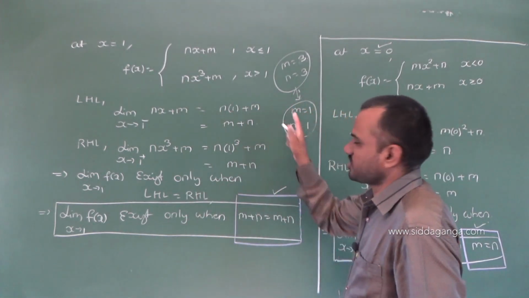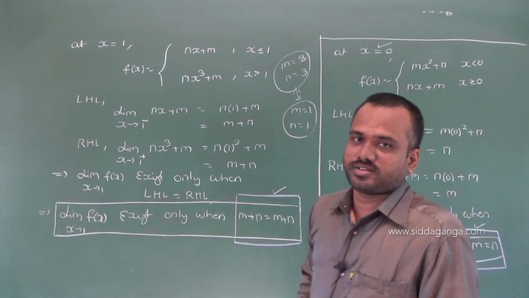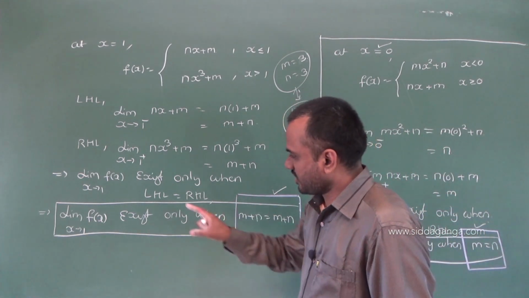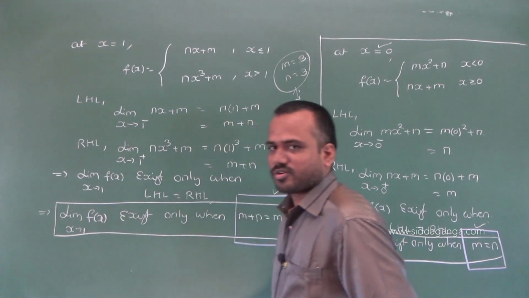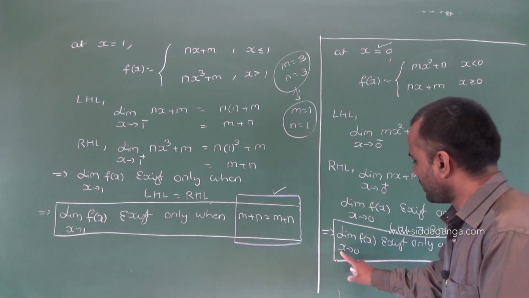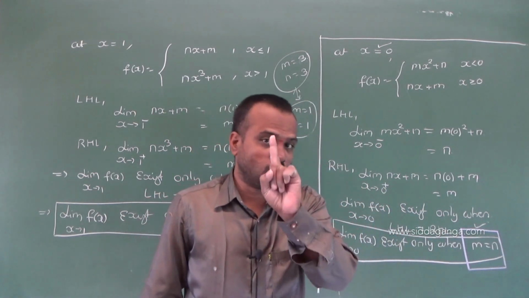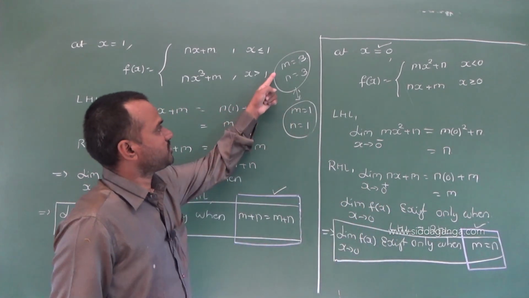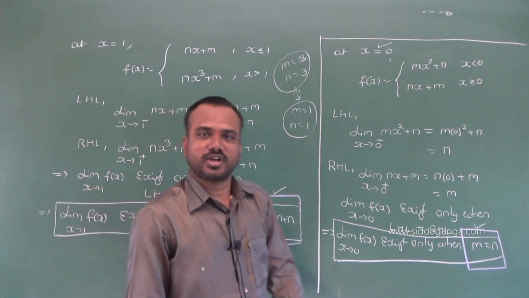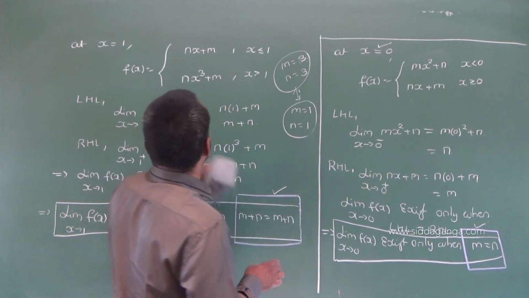You already understand that the limit as x tends to 1 of f of x as well as the limit as x tends to 0 of f of x exist only when m is equal to n. Correct? So write the answer.